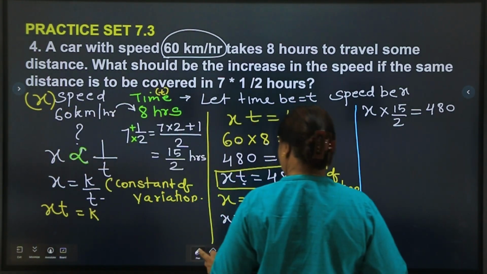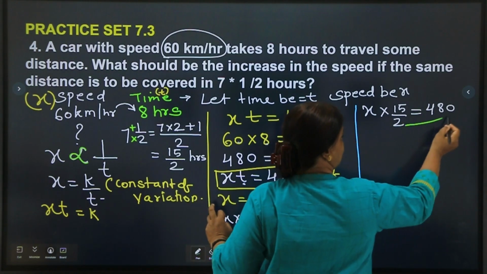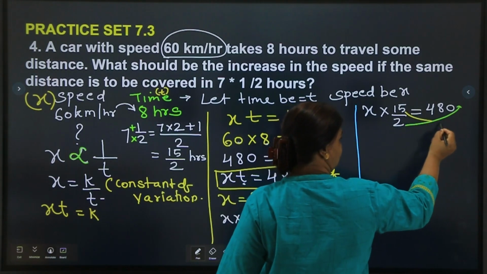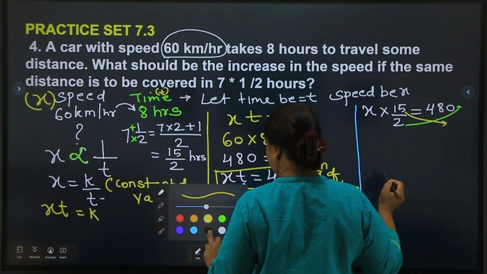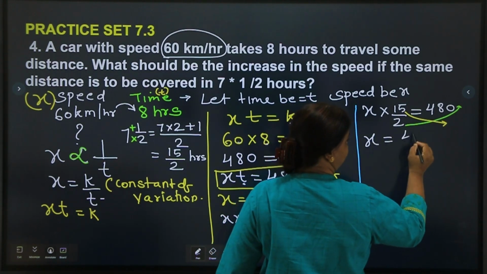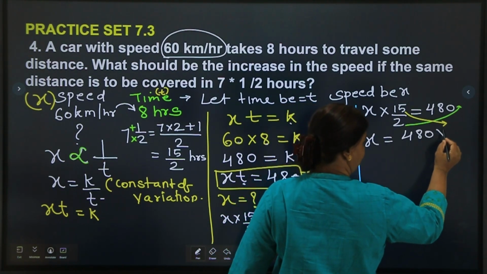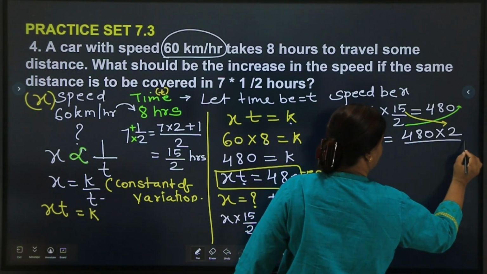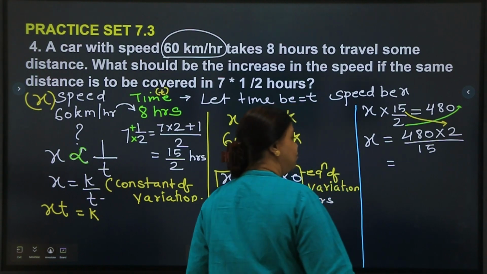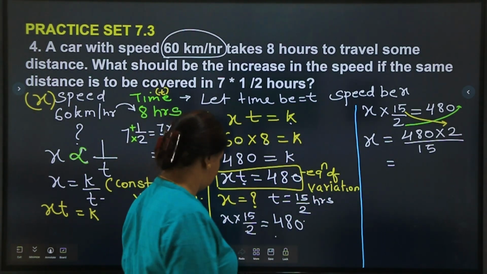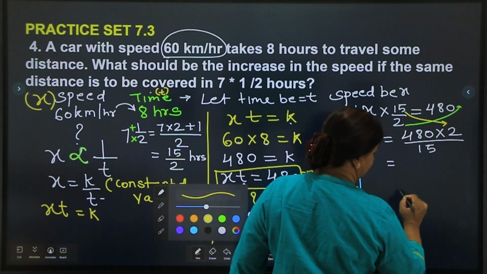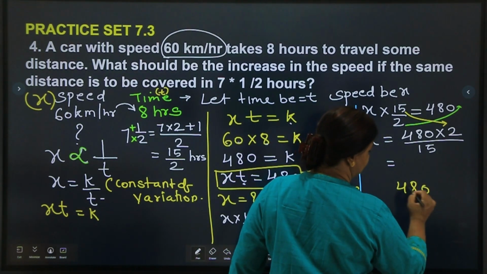Now 2 is going to go up and 15 will come down in the denominator on the other side. So x is equal to 480 into 2 upon 15. So let us divide 480 by 15 first. What do I get when I divide 480 by 15?